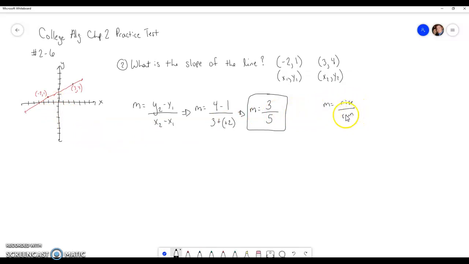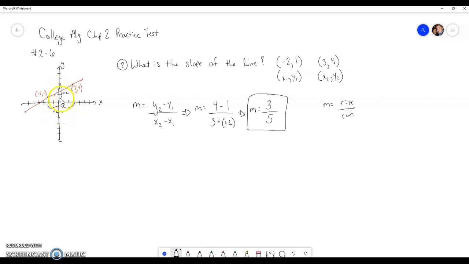rise over your run. Right? So I can start at this point of -2, 1, and my rise means how many do I go up? So from 1, I go up 1, 2, 3, 4, right? I go up my rise, and then my run. Right?